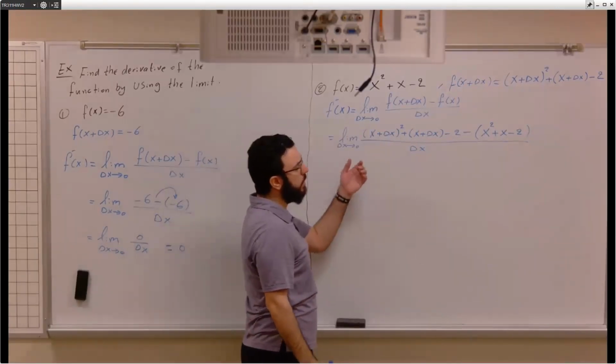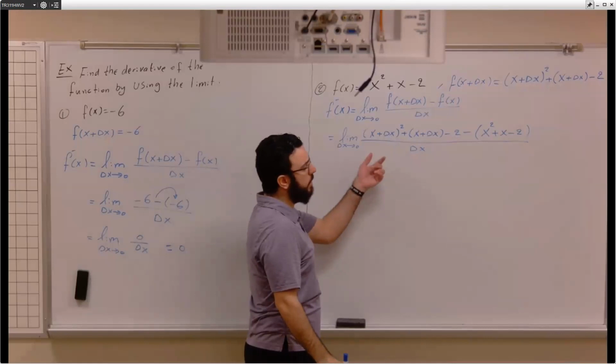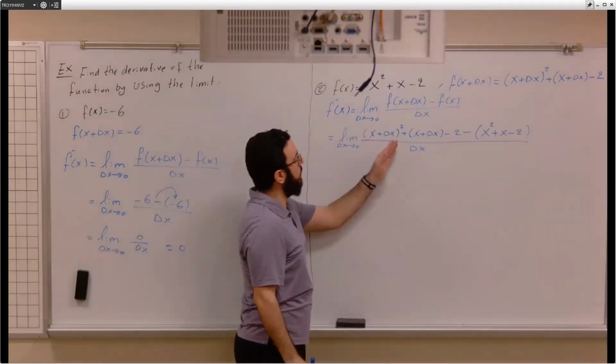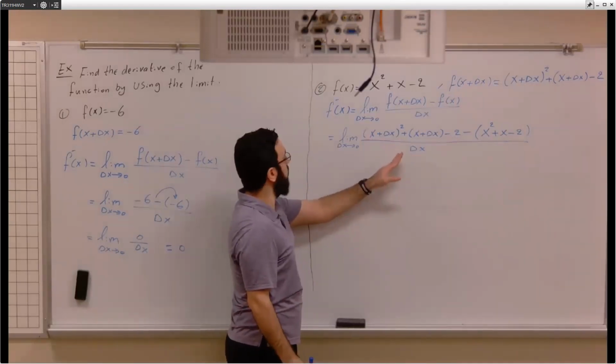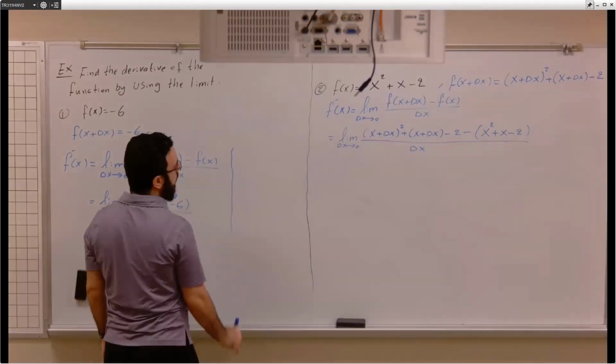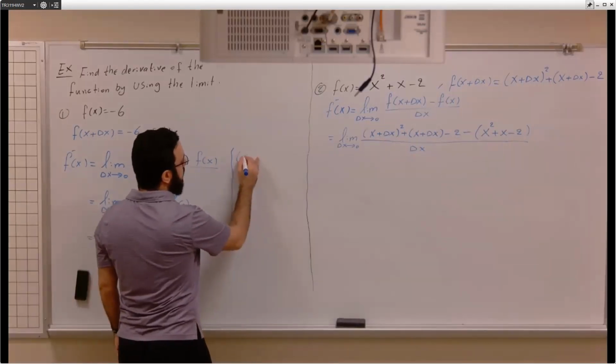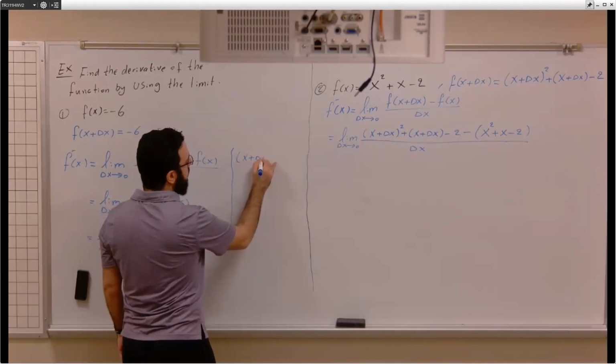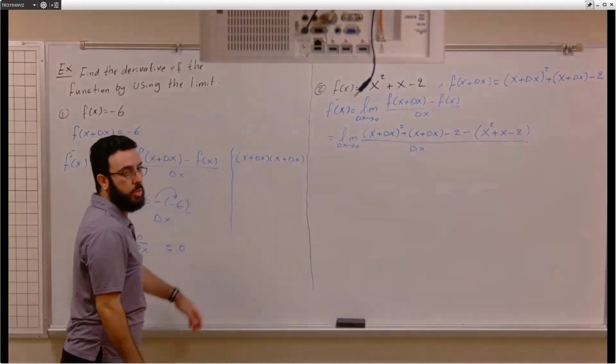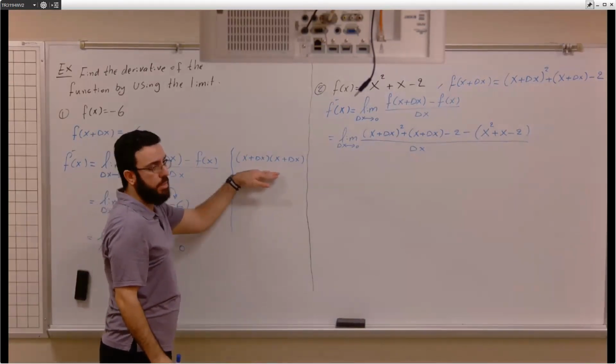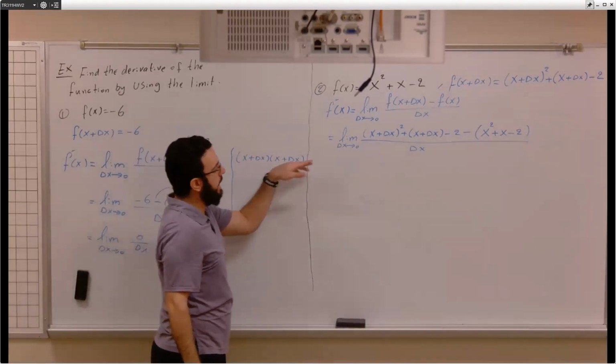The important thing here, when you FOIL this one, is that there are 2 parentheses, so be careful when you FOIL it. You can do exactly the same thing that we did in the previous example. You're going to say x plus delta x and x plus delta x. You can do that on the side, then plug in everything here as a result.